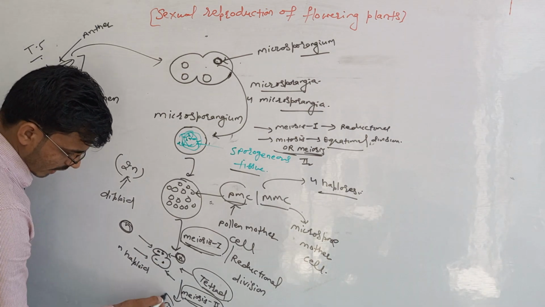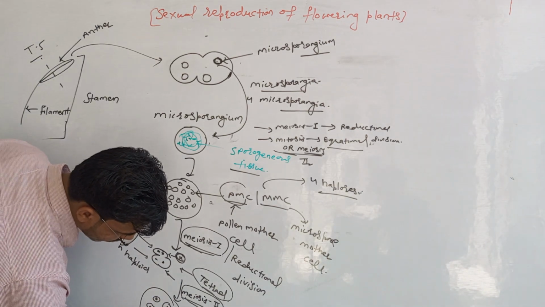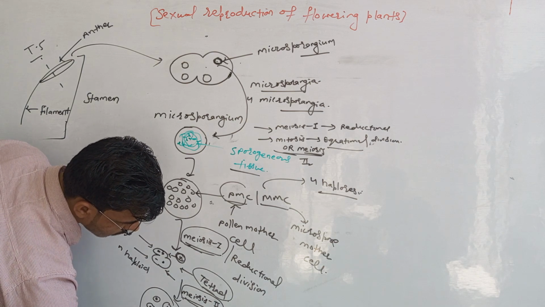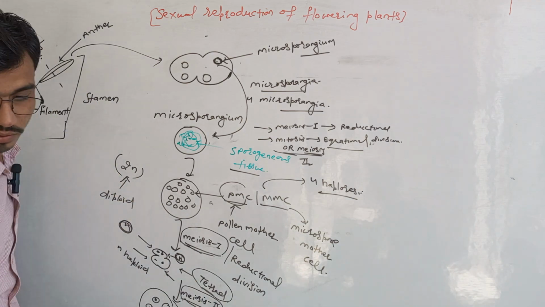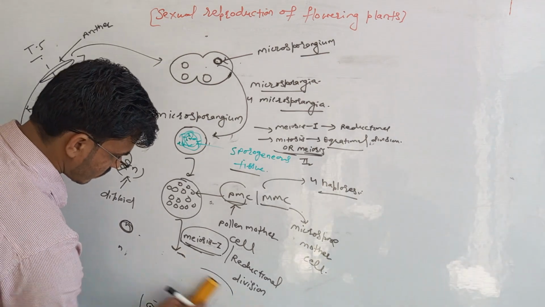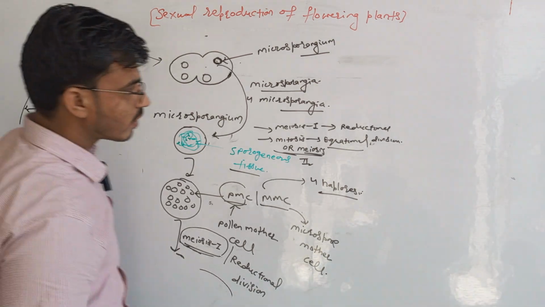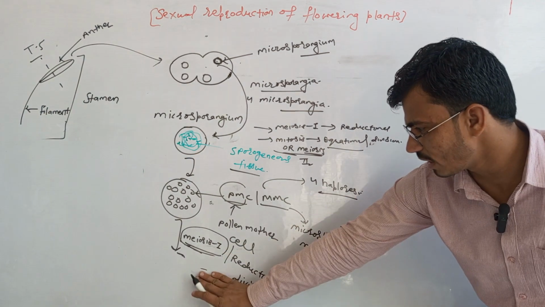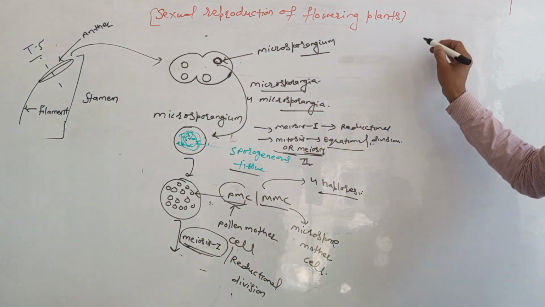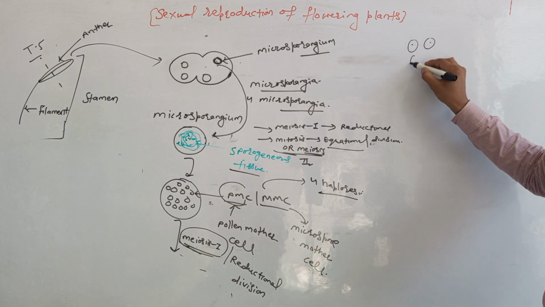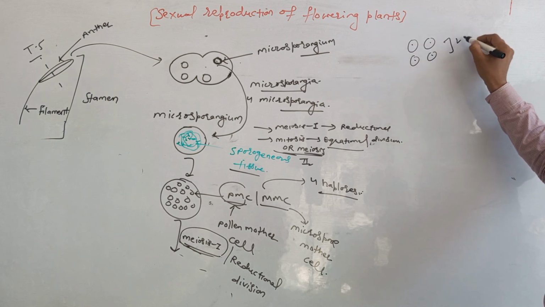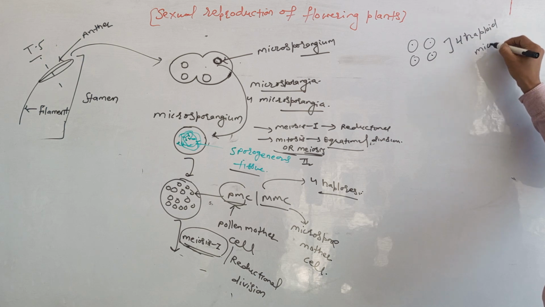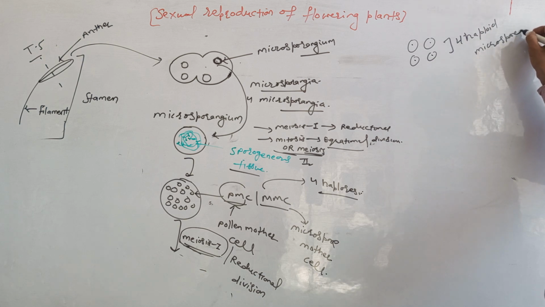After that, there is the formation of 4 microspores. By taking an example, after meiosis 1 there is production of 4 haploid cells, 4 haploid microspores.